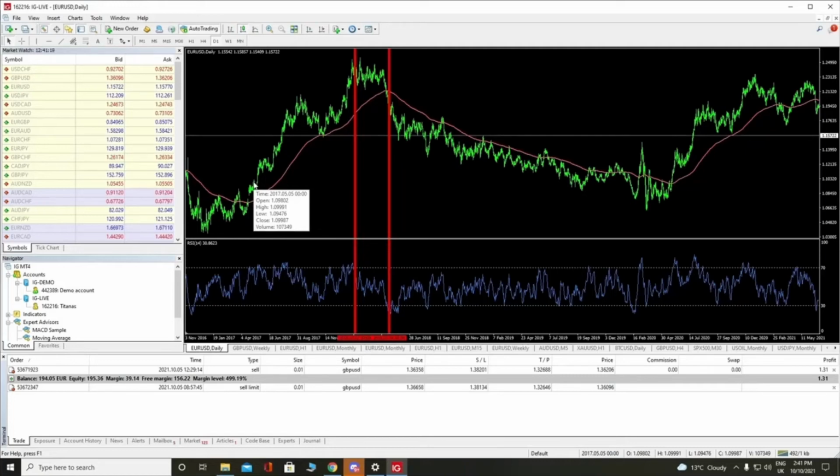Our fellow here keeps buying based on the indicator signals, but the market is not in his favor. The market is shooting up, up, up, higher. Even though at this point he thinks that the market will reverse, it didn't. The market keeps going higher and higher. So the market will never run out of steam, but our fellow trader will run out of steam.